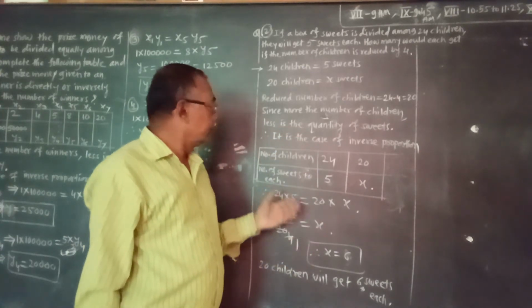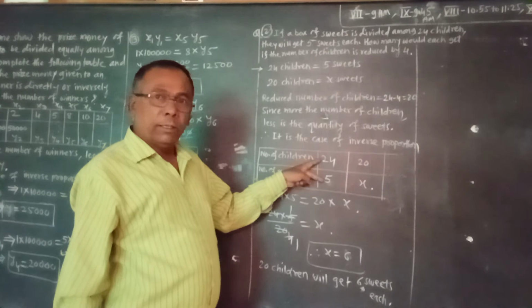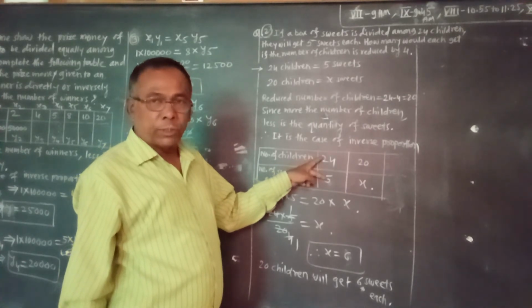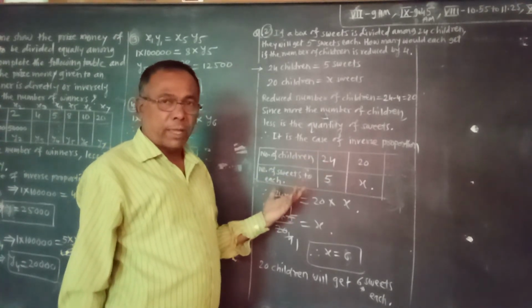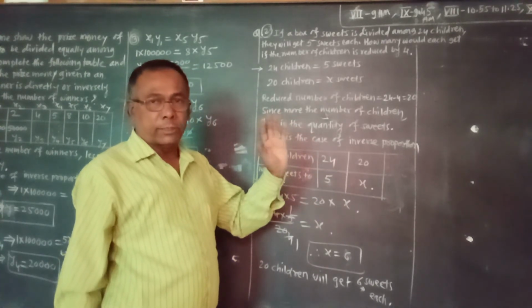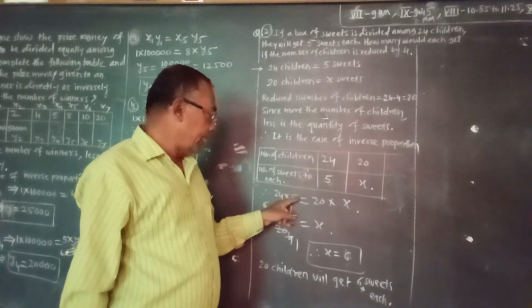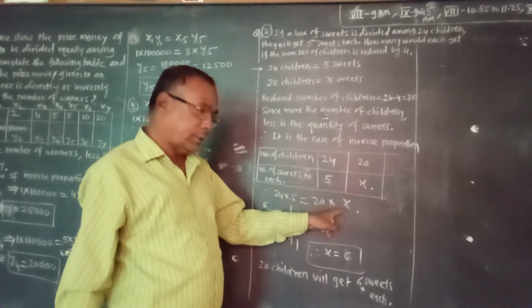In inverse proportion, x1 y1 is equal to x2 y2, therefore 24 into 5 is equal to 20 into x.